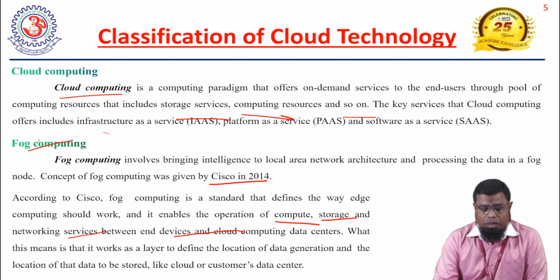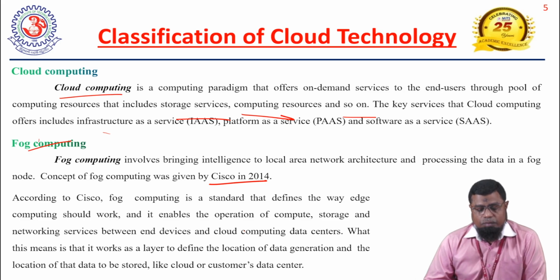Why? Because all these end users and networking devices are not properly connected, in the sense we cannot realize the benefit of the network. We cannot realize the benefit if the end users are not actually connected to the cloud in a proper manner.